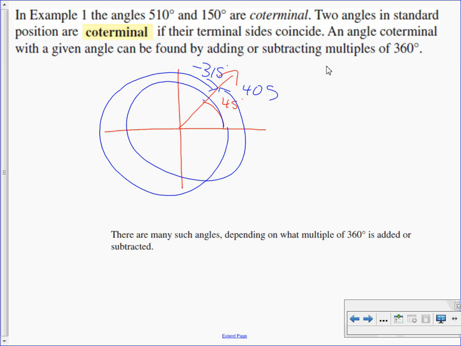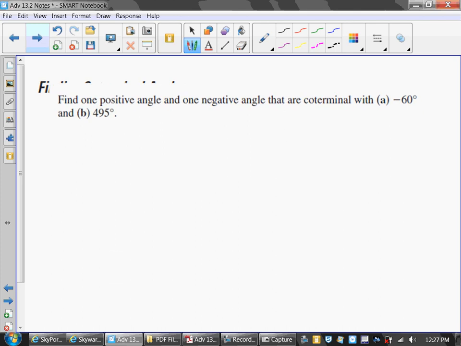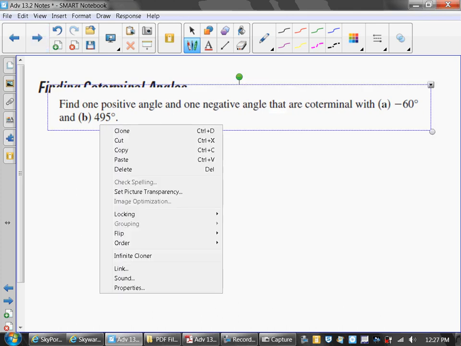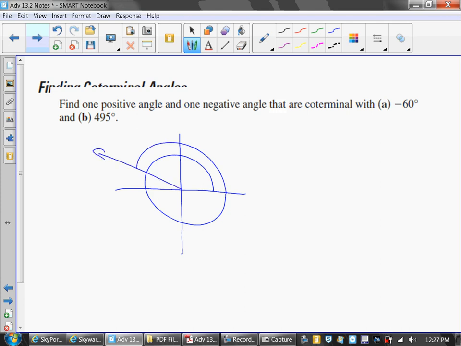In this example, I'm at 495. If I want to figure out where 495 is, to start with 360 degrees, it winds up somewhere over in here.